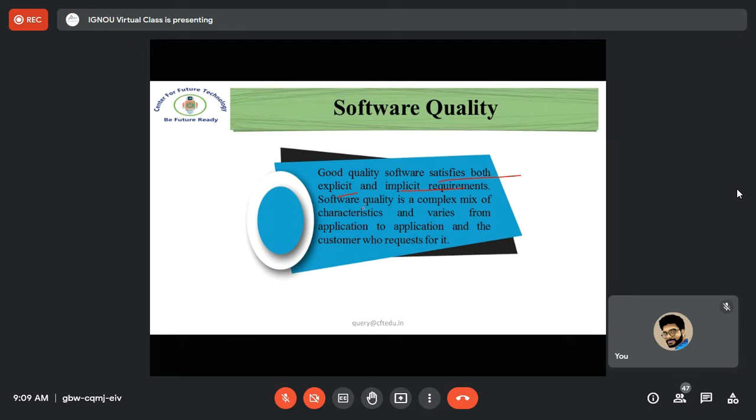Although it is not mentioned in your book, there are also latent requirements, which talk about how to create a delighted customer experience. All of that comes under software quality. That is why software quality is said to be a complex mix of characteristics and varies from application to application and from the customers who requested it.